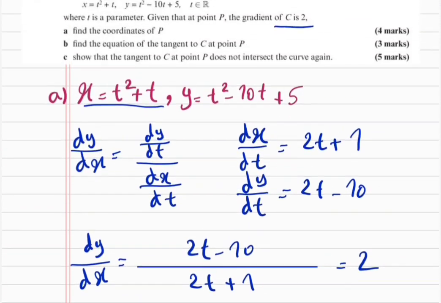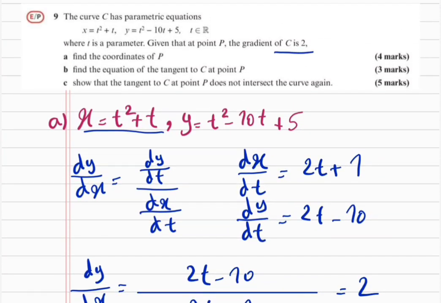And now finally part C. So part C is actually the most interesting part of the question. So it says, show that the tangent to C at point P doesn't intersect the curve again. Okay, so we first need to understand what's going on, because we obviously know that whenever we have a tangent, again, this is a random curve, by the way, but overall, whenever we have a tangent, that must intersect the curve at only one point.